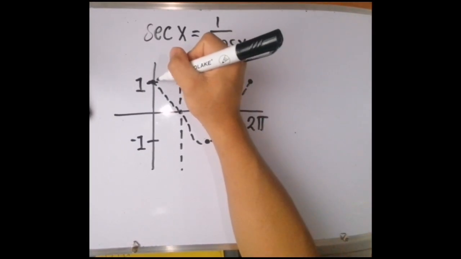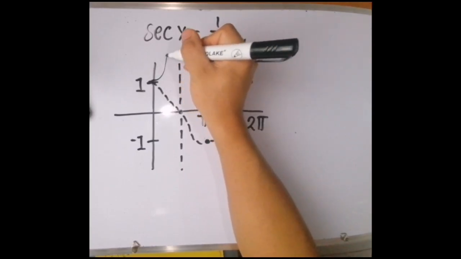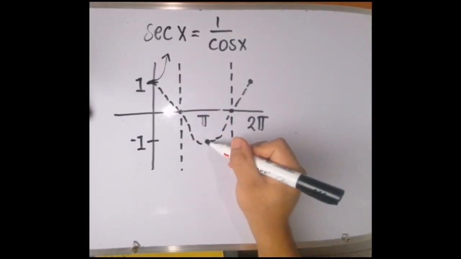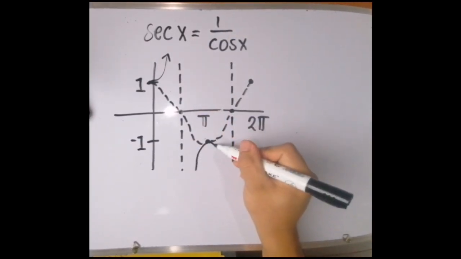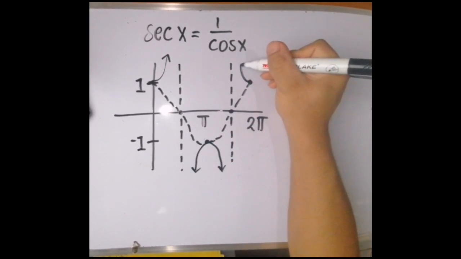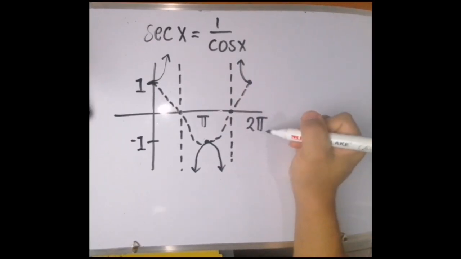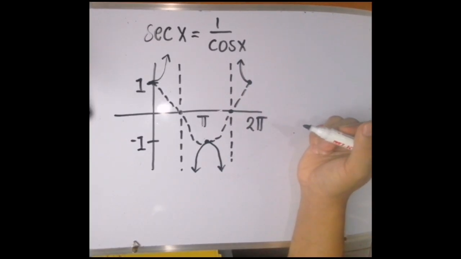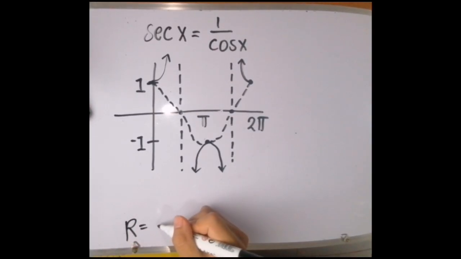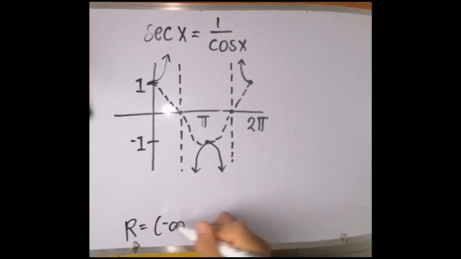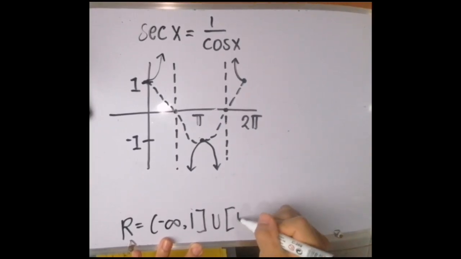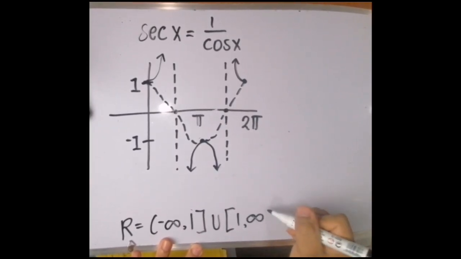This portion will go up here, and then we have this portion here, which just goes like this, and this portion will look like that if you stop at 2 pi. So the range is negative infinity to negative 1, and the union is 1 to positive infinity.